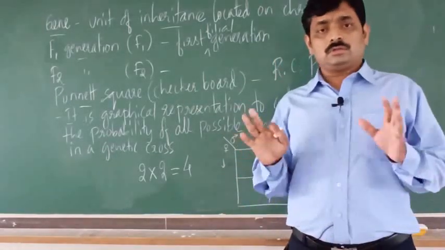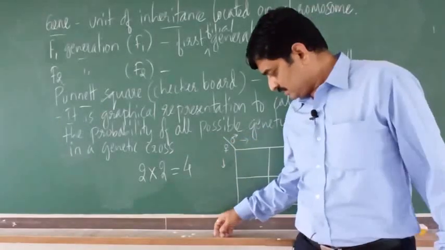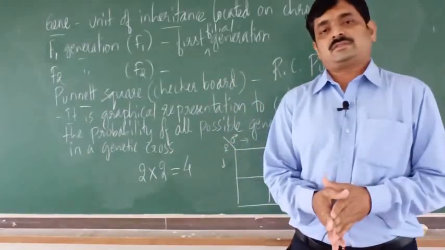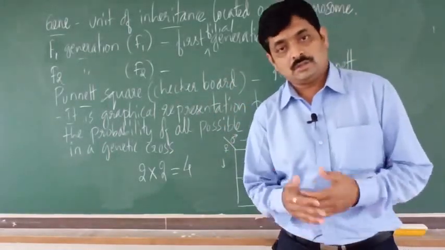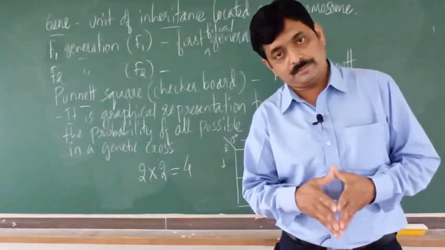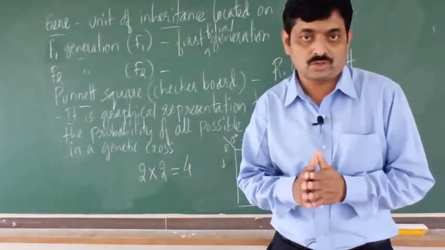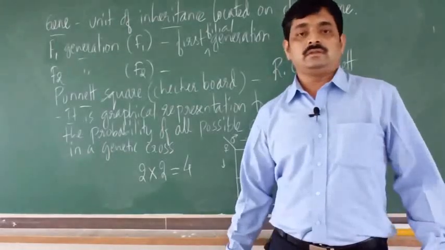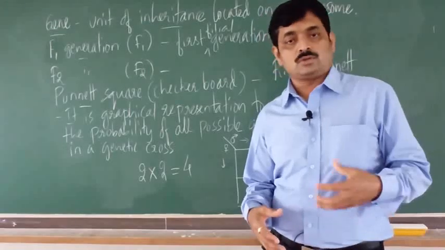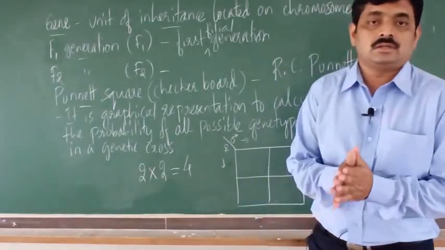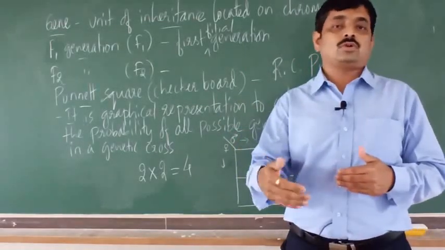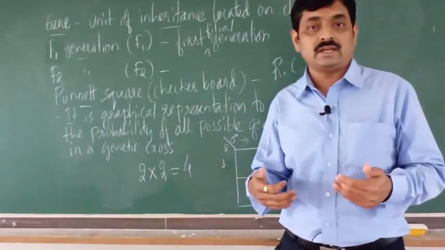So we shall summarize this in brief. In this video we have discussed different aspects such as the phenotype, which is the external appearance of organisms. Then we discussed genotype, which is the genetic constitution of organisms. Then the concept of hybrid, which is a heterozygous offspring obtained by crossing homozygous parents having contrasting characters.